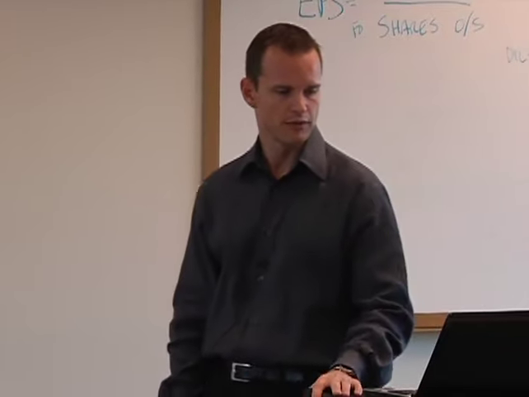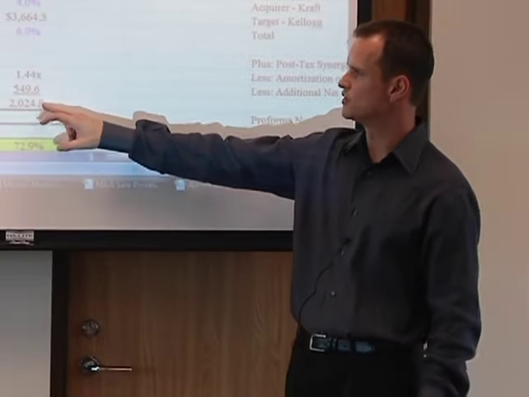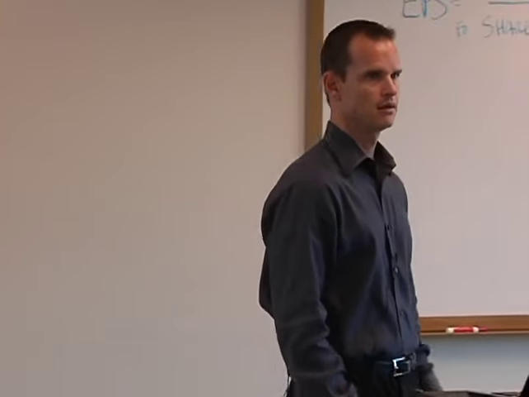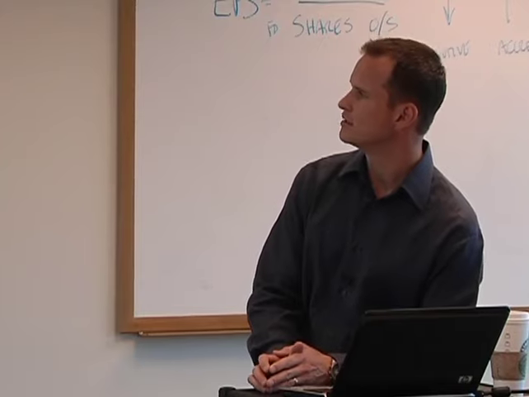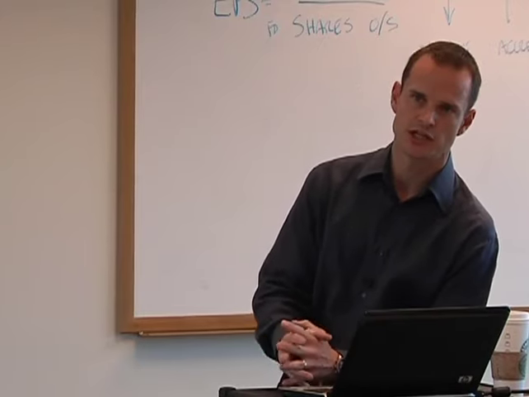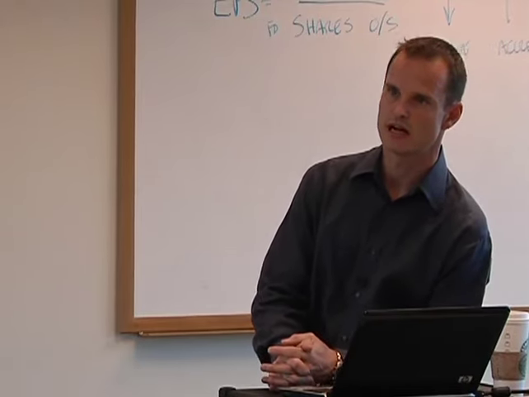Okay, when we hit F9 to recalc, you should also see now that on a pro forma basis, that is after the deal is done, there will be 2.0248 billion shares of Kraft stock outstanding.